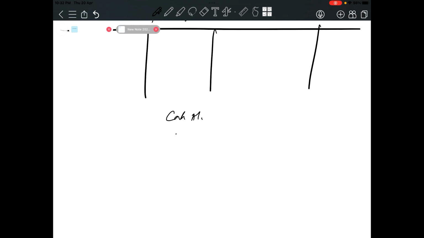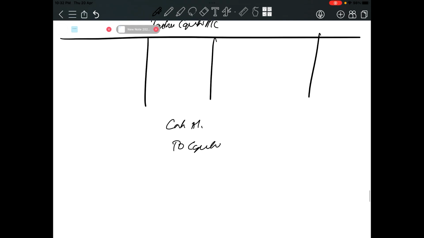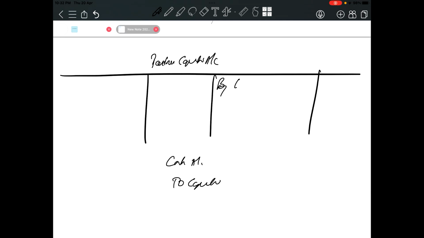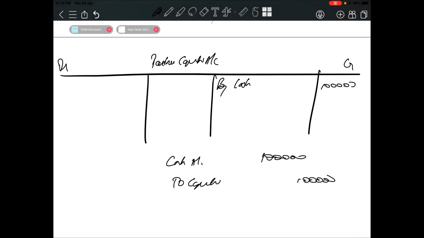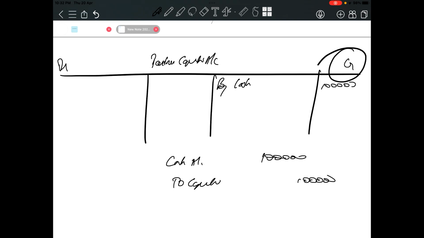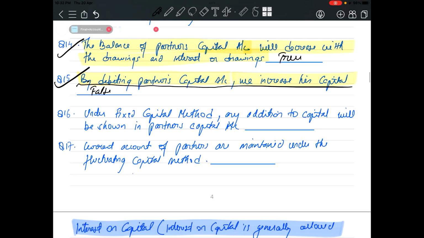Debit what comes in; cash is coming into capital. So this cash will come on the credit side, by cash, say for example 1 lakh. This is the debit side, this is the credit side. So what was the question? By debiting the partners' capital account, we increase capital. The answer should be credit, so this is false.